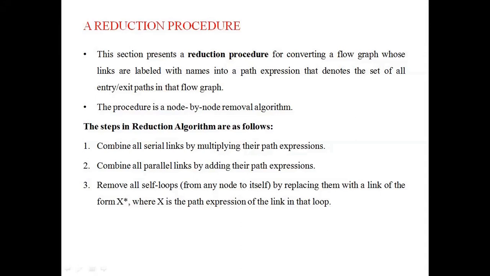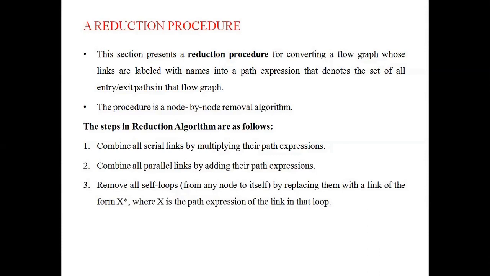That means A, B, C, the name of the link will be like this. The flow graph with names on the links will be converted into a path expression that denotes the set of all entry to exit paths in the flow graph. So this path expression starts from the entry point to the exit point.